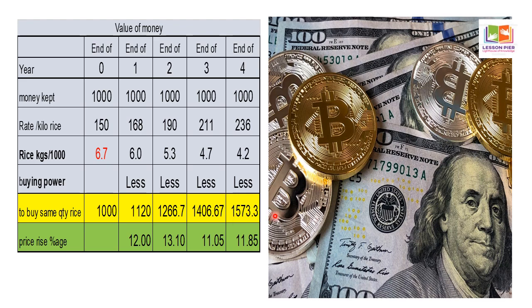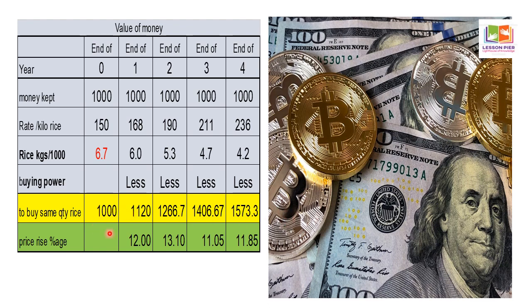Similarly, you would need 1573 to buy 6.7 kilo rice at the end of year 4. So you see, the buying power is getting less and less. The money value is rising as the price and the inflation rise with time. This is the kind of thing we want to actually check with this.